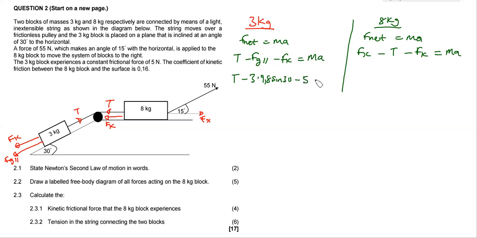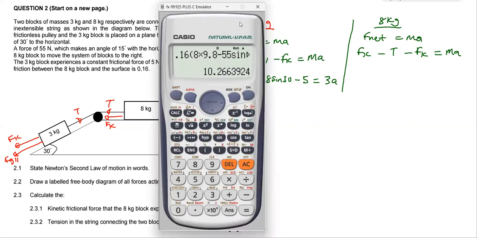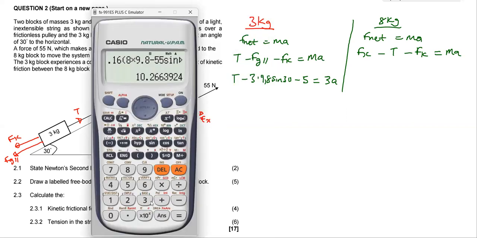So it's going to be minus 5 is equal to ma, which is 3a there, sorry. That's our 3a there. So let's try to find out what we get there. It's going to be T equals negative 3 times 9.8 sine 30 minus 5.